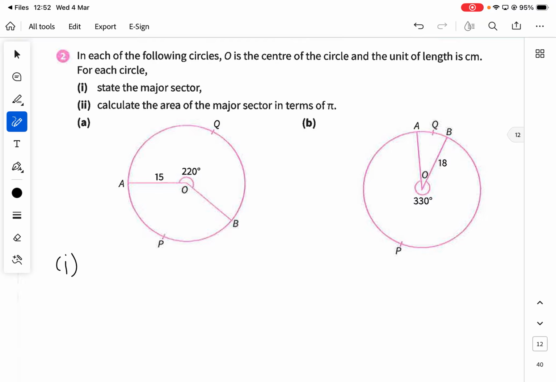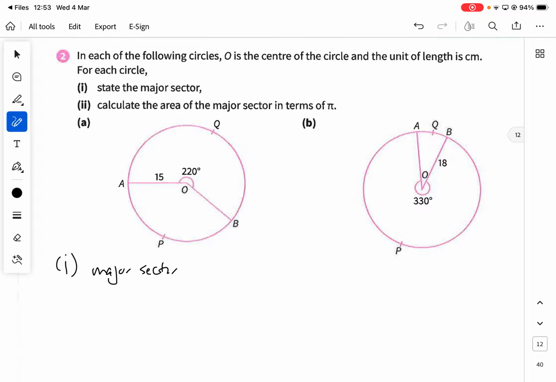Calculate the area of the major sector in terms of pi. So here, the major sector, the angle covering the major sector is 220. So same lor. Go by the area of sector equals to 220 over 360 multiply pi r square. 220, 360 times pi times 15 square.